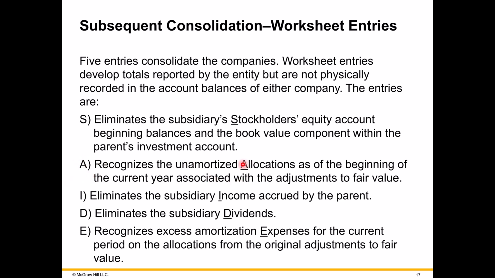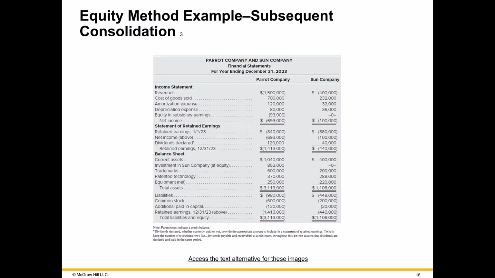A stands for allocating, let's say, that excess value we had bought the sub's assets at, and increasing those assets. Keeping in mind, we're increasing it by that table we had seen. Let's see if I can go back a few slides here.